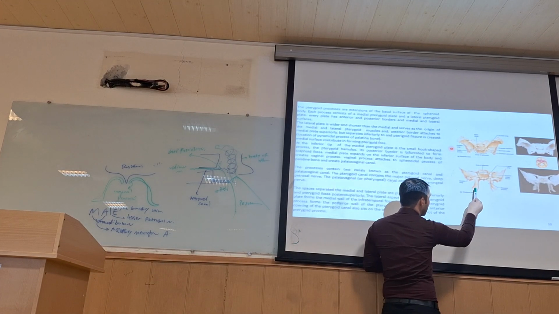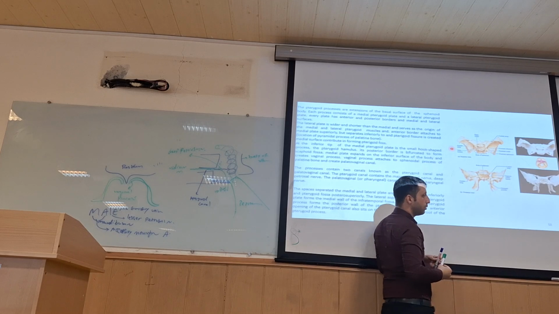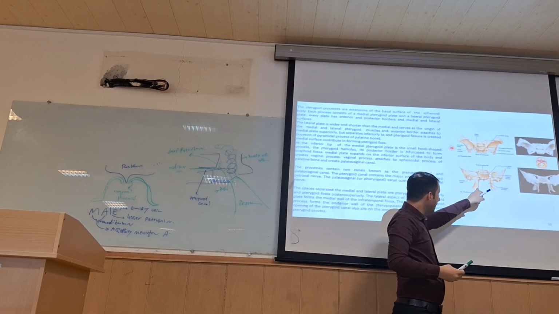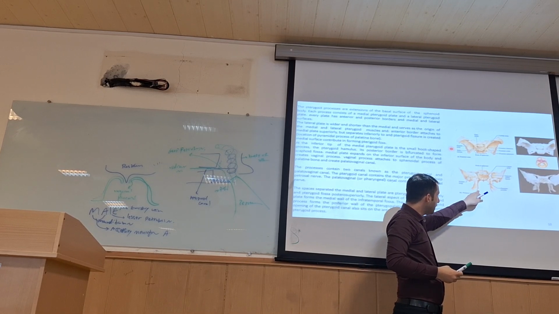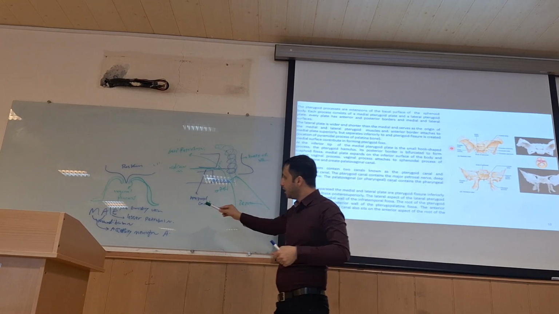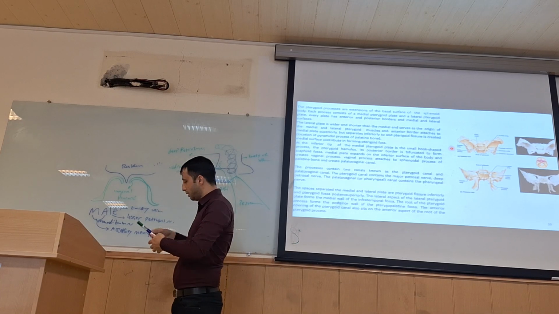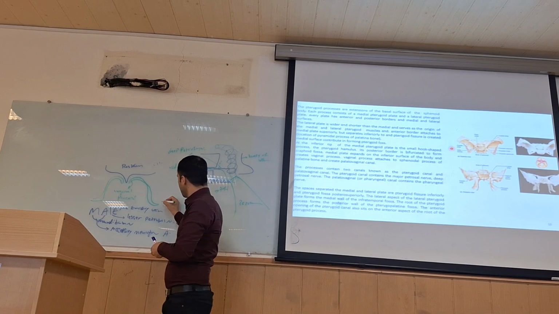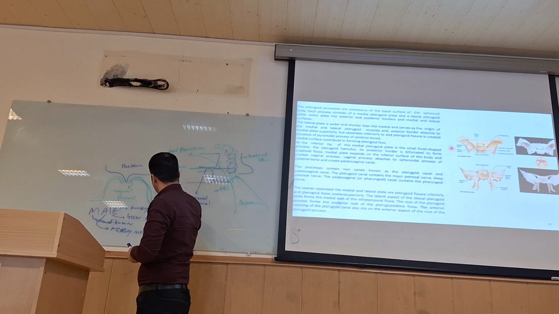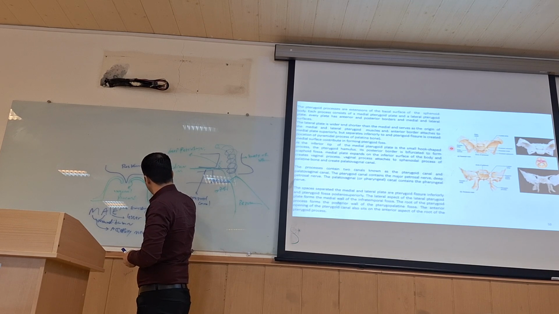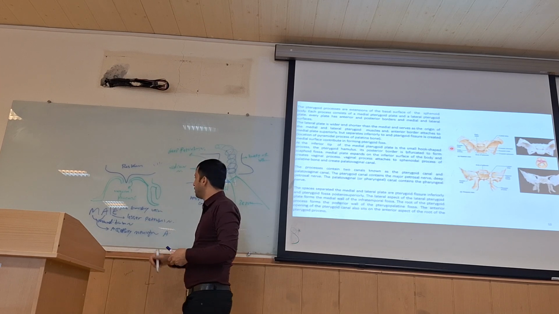Medial plate and lateral plate. Okay? The medial plate at the inferior side makes a hamulus. It is medial plate, okay? And here I have lateral plate. Okay, lateral plate, medial plate.